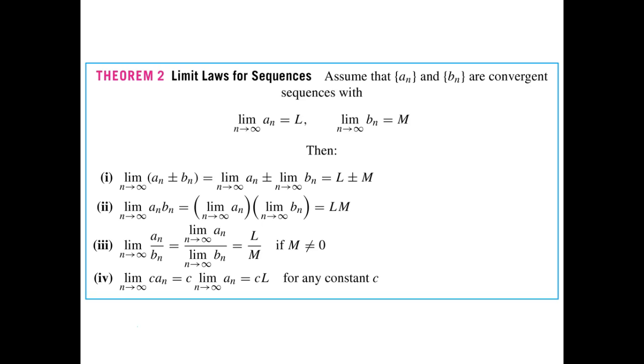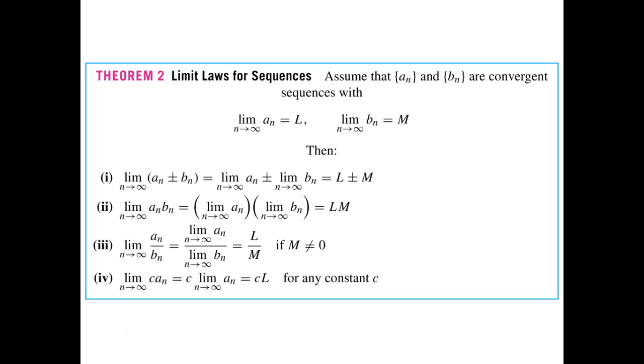Now, what if we have the quotient, a sub n divided by b sub n? Well, the limit of a quotient is the quotient of the limits. So that's the limit as n goes to infinity of a sub n divided by the limit as n goes to infinity of b sub n, and that would be L over M, as long as M is not equal to 0.